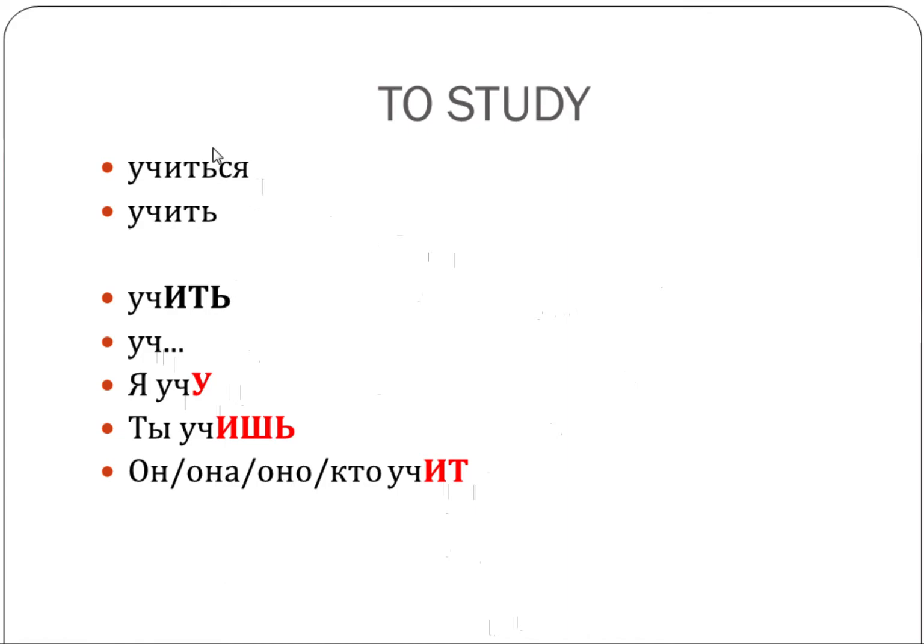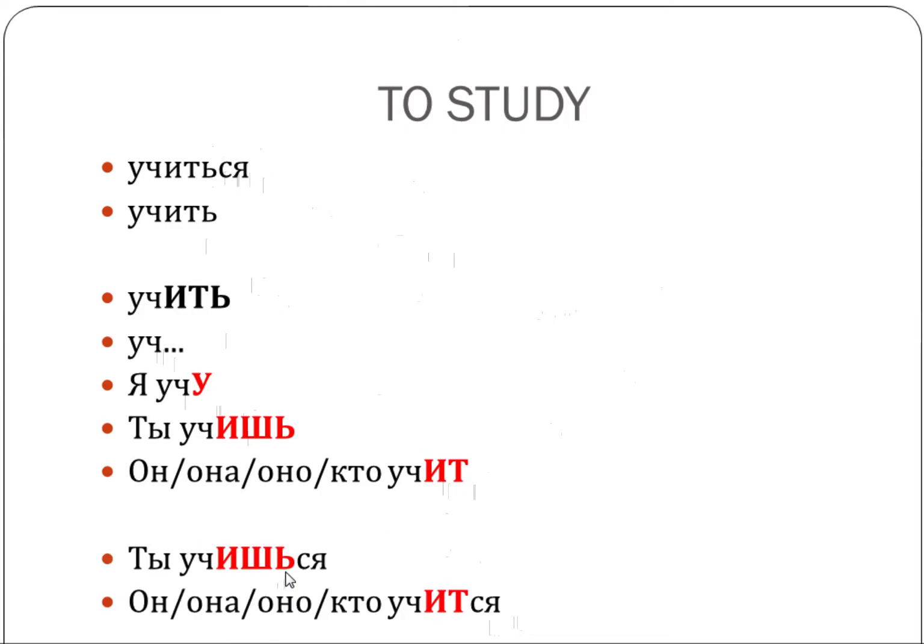But we dropped this part of the word for a minute to make the changes, but it is part of the verb and we can't really ignore it. We have to put it back. So we're going to take this ся and we're going to add it to the soft sign. We're going to add it next to the consonant, but when it's added next to a vowel, it changes to сь just because it's easier to say.